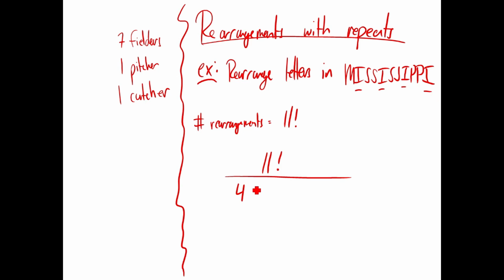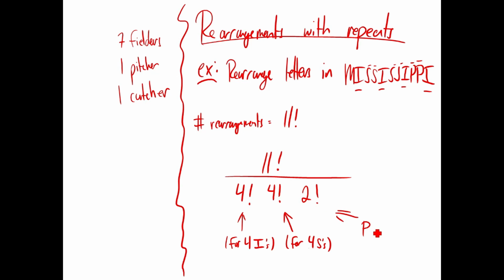So you would divide out a 4 factorial for the 4 I's. Then you see the S's happen 4 times as well, so you would divide out another 4 factorial because of the 4 S's. And then the P's repeat twice, so you would divide out another 2 factorial.